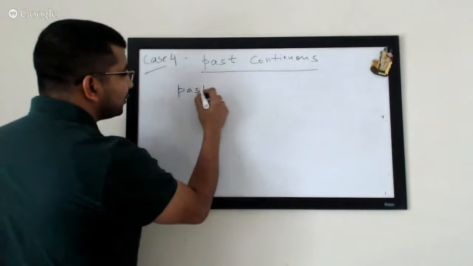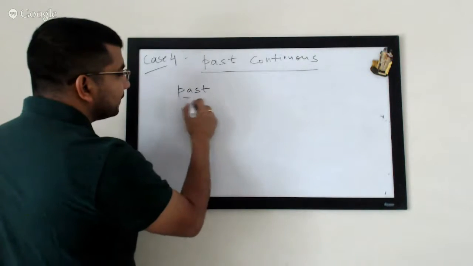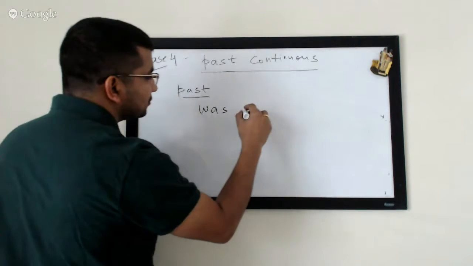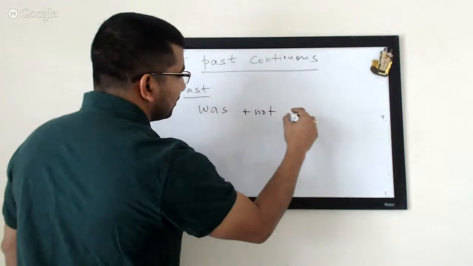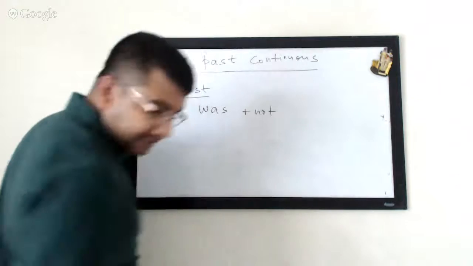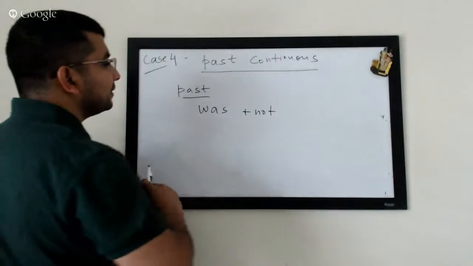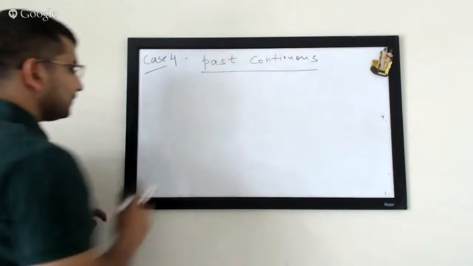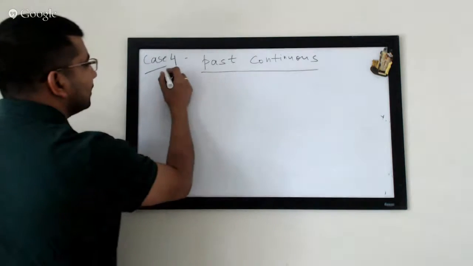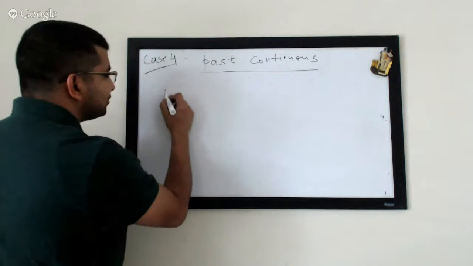When you say past continuous, it's basically anything like "was not coming" or "was not". Let me write it down again so that way it's simple. Think about the same example that we did just now, and you change it into past.